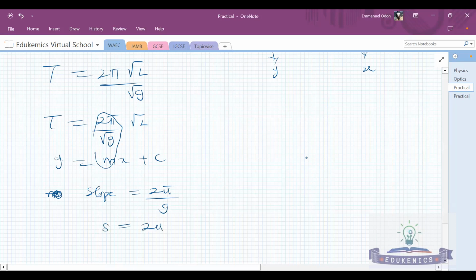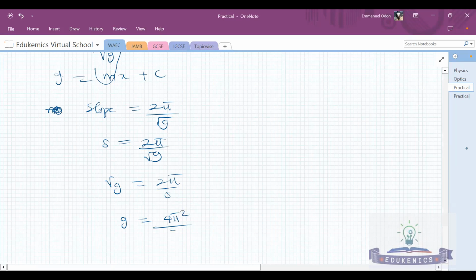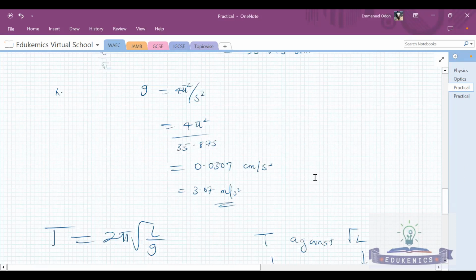We're given that slope is s. There is a square root here, so that means the square root of g equals 2 pi over the slope. If we square both sides, g equals 4 pi square over s squared. So that's how the formula was gotten, and you can use it to get the value of G.